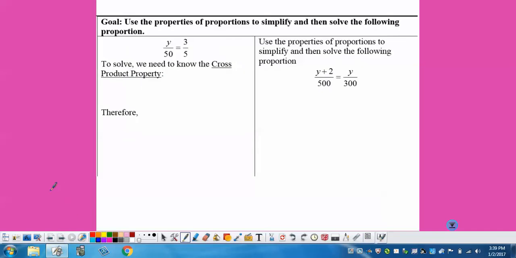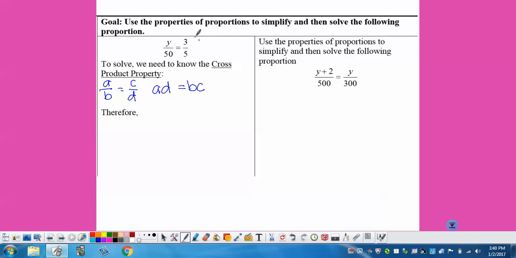Now, let's try to use the properties of proportions to simplify and then solve the following proportion. So if we wanted to solve this proportion, we need to know the cross product property. What that says is if we have A over B equal to C over D, cross product means cross multiply. So we're going to multiply A times D, and that will equal B times C. And then we can solve that.